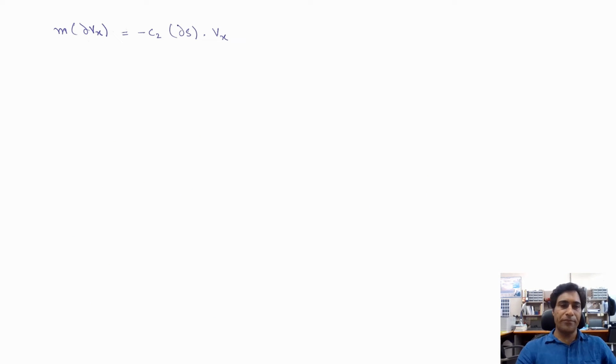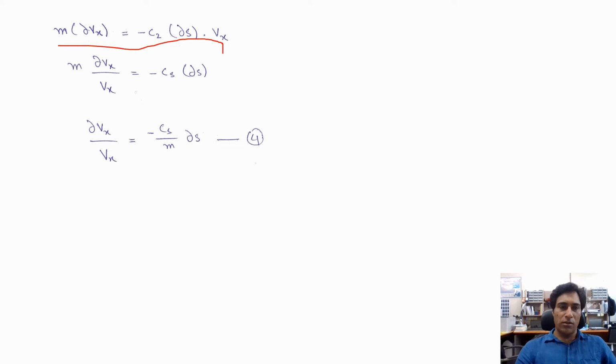With more simplification we can write the previous equation in this form: m dvx is equal to minus c2 ds times vx. So we will divide by vx here.